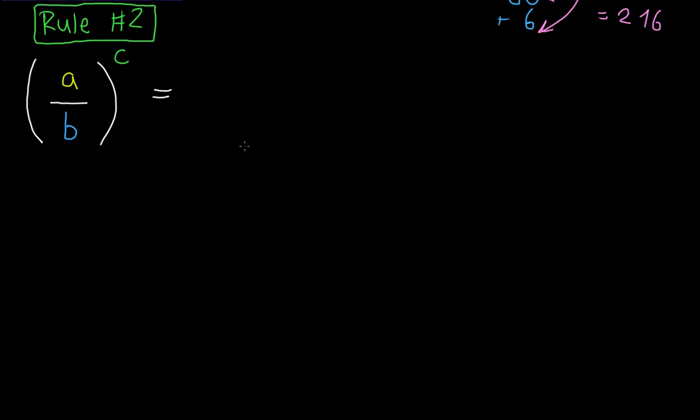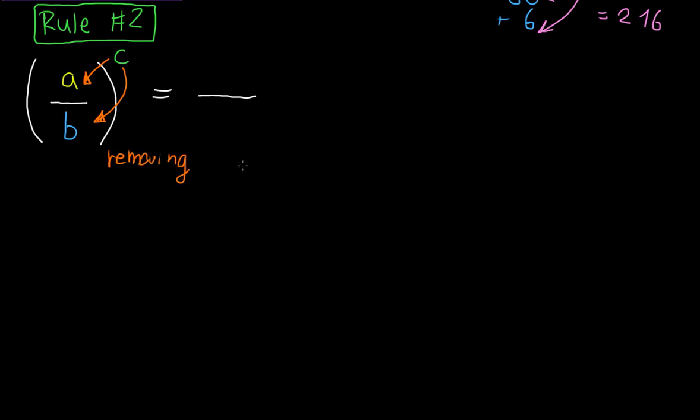Rule number 2, and I'm not sure if we're going to cover all of the rules, but the most important rules. The property is that when we put a power or exponent over a fraction, we power both numbers. So the exponent kind of travels to both places. If I want to remove the bracket, I have to put the power here and also here. So we're removing the bracket.